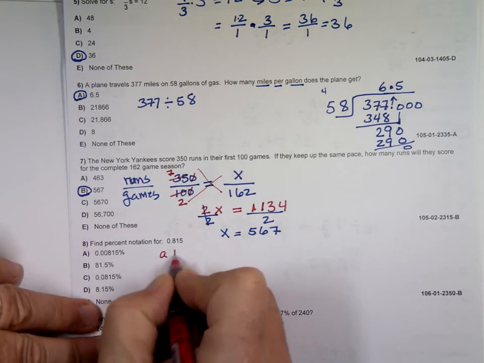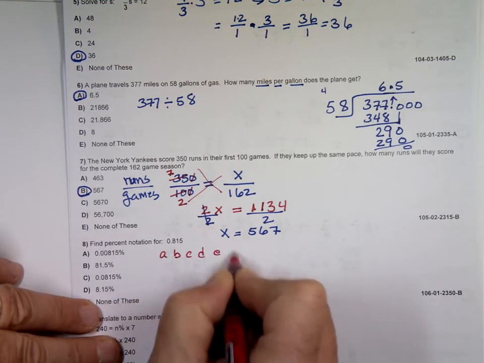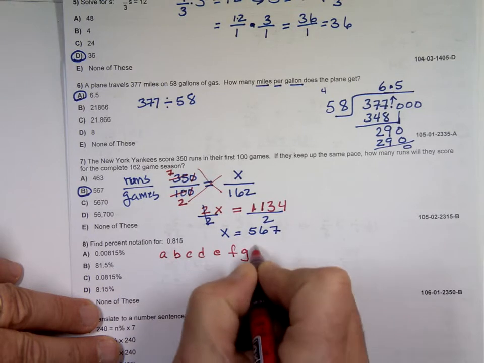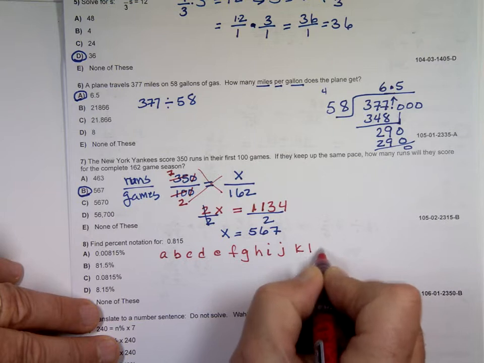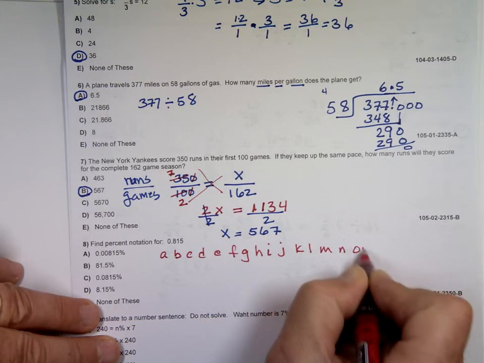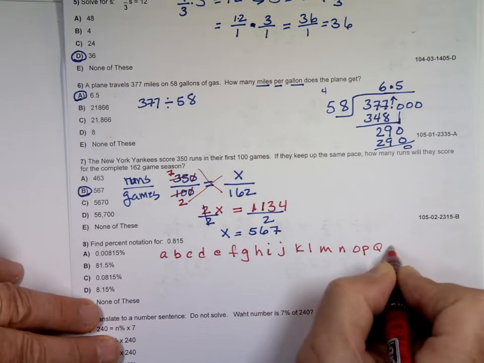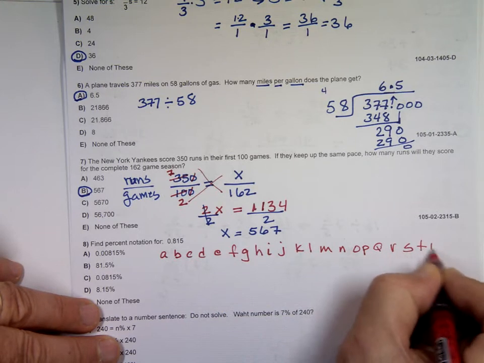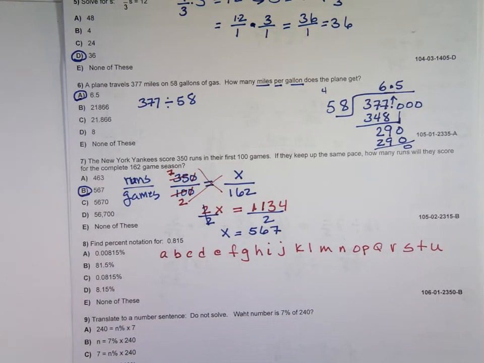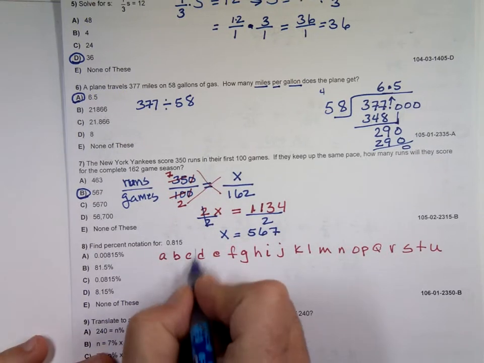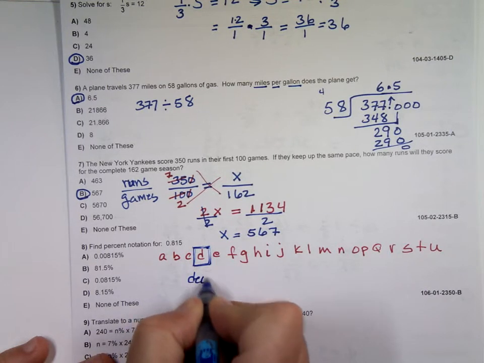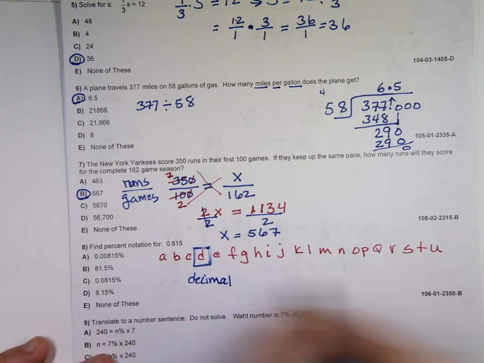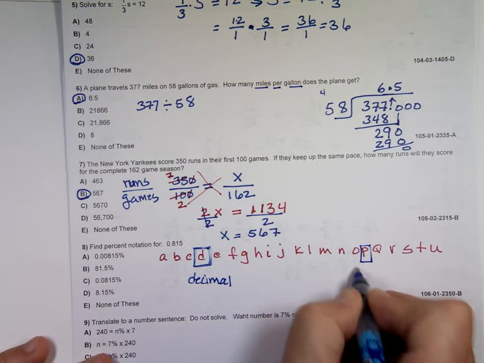A, B, C, D, E, F, G, H, I, J, K, L, M, N, O, P, Q, R, S, T, U. I don't know why I made Q a capital letter, but that's okay. So D for decimal, P for percent. If you remember that, decimal begins with the letter D. Percent begins with the letter P.